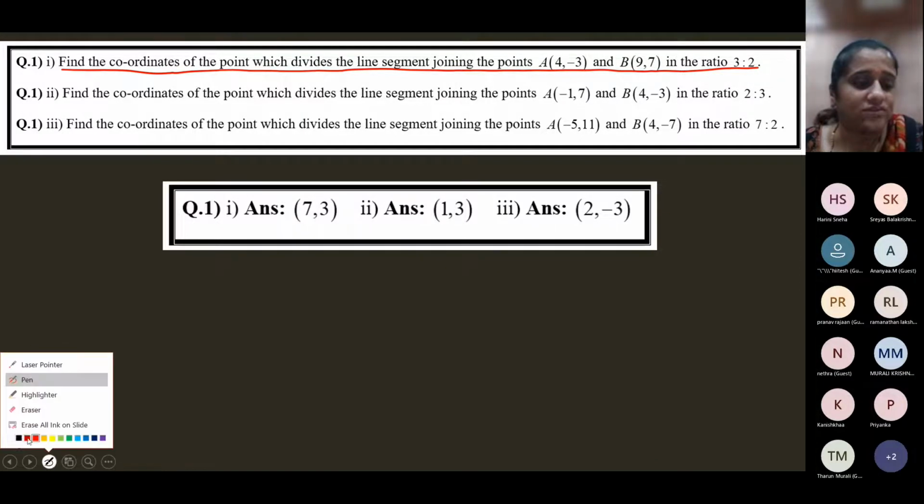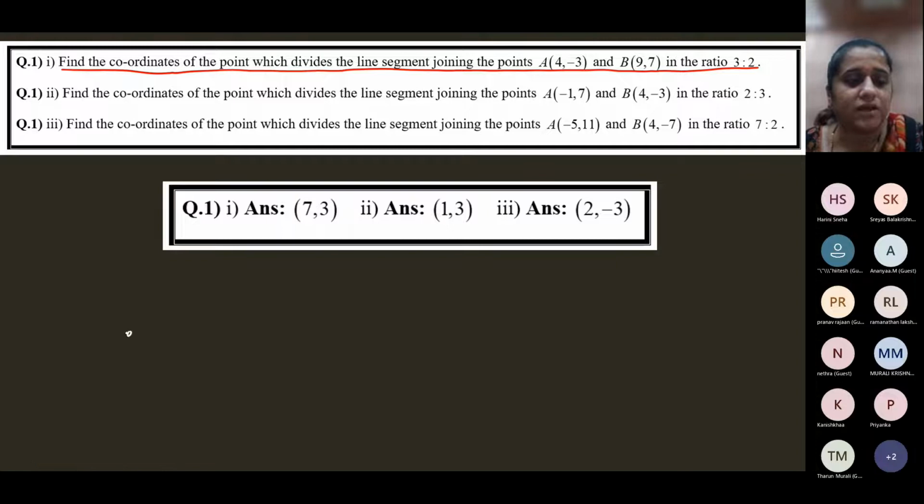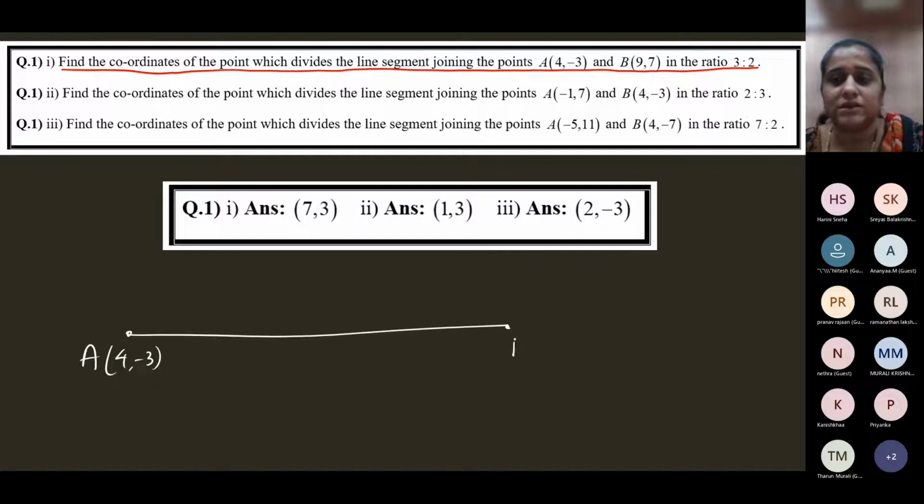So there are 2 points A and B. A is (4, -3), B is (9, 7). AB is the line segment joining the 2 points A and B. Now you'll have to find the coordinates of that point on AB which divides AB in the ratio 3:2.